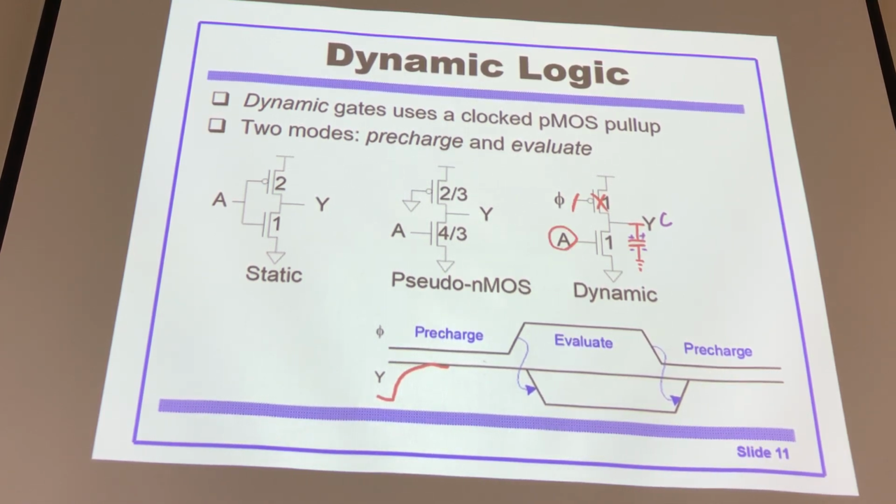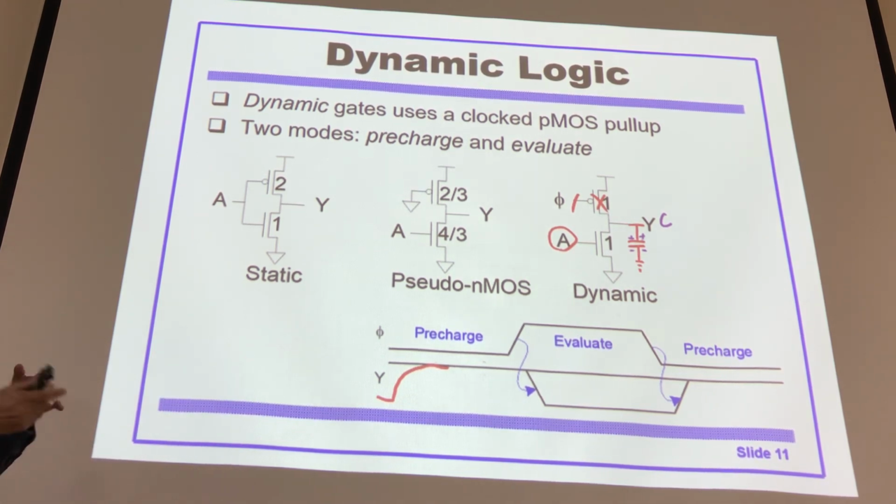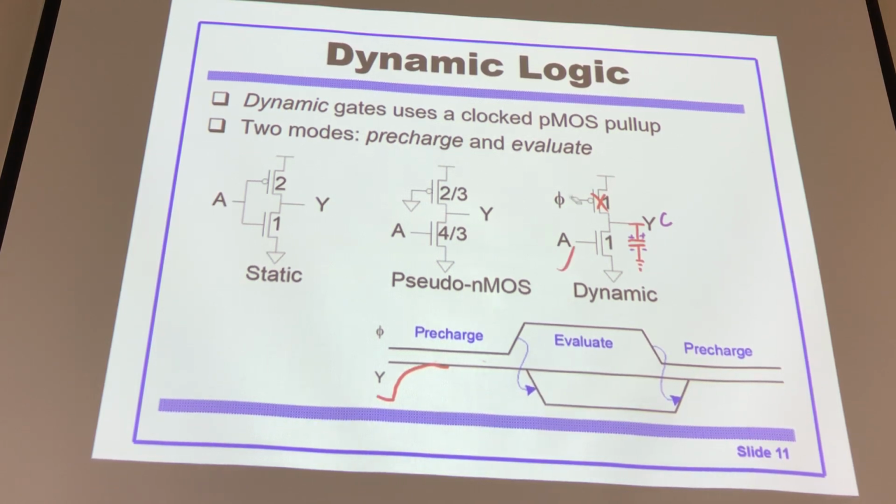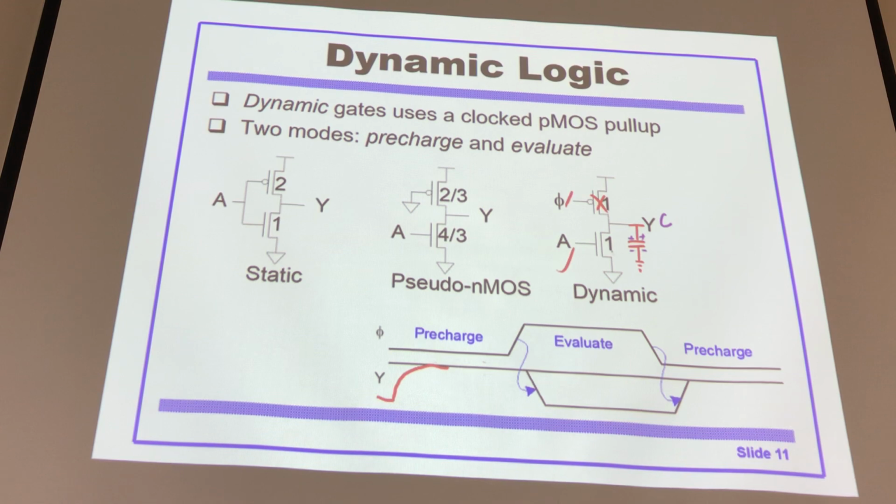The A value will determine whether or not the charge will be discharged, will be disappearing. Because if A is high, in 1, then NMOS transistor is on.